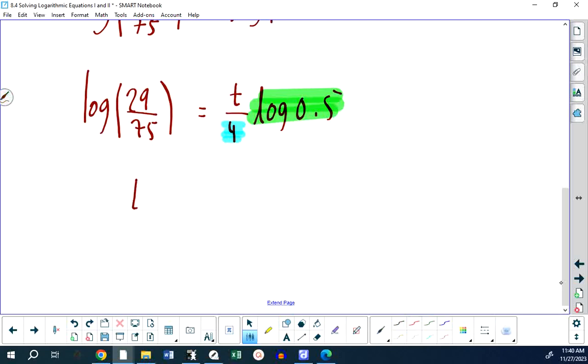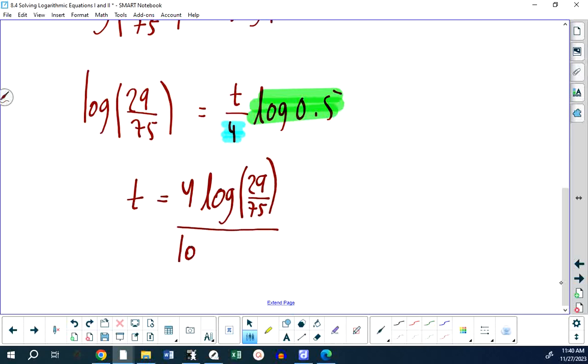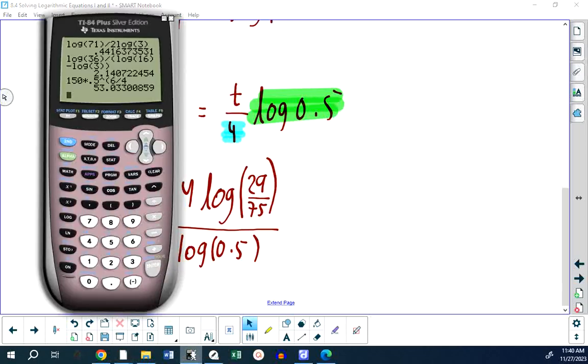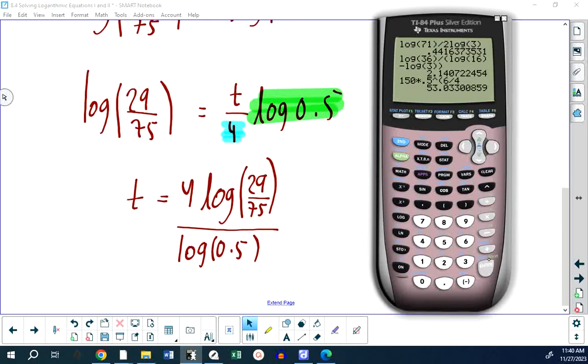So t will be equal to 4 log of 29/75 over log 0.5. There's absolutely zero profit in it, mathematically speaking, for you to start using laws of logarithms here to change the appearance of the answer. We want a decimal. That's what we want. But you want to show your work up to that point as being algebraic.